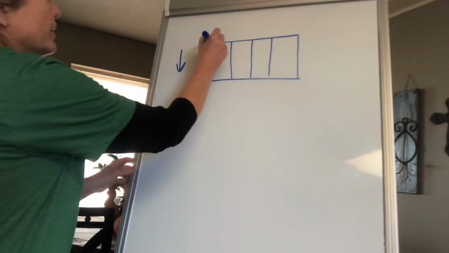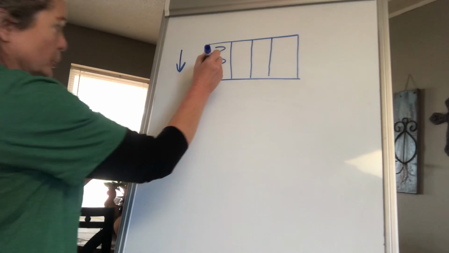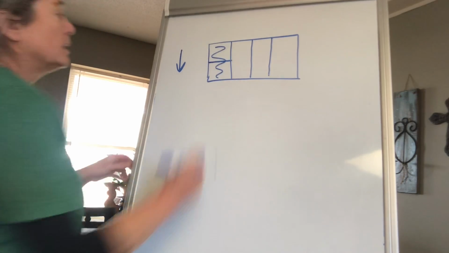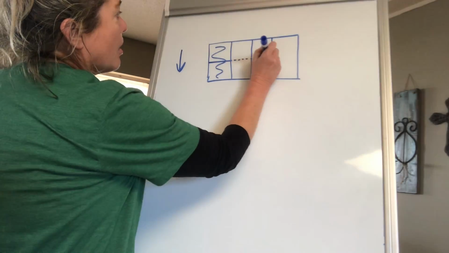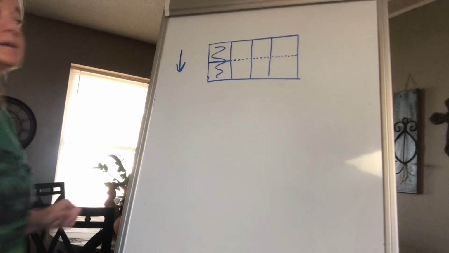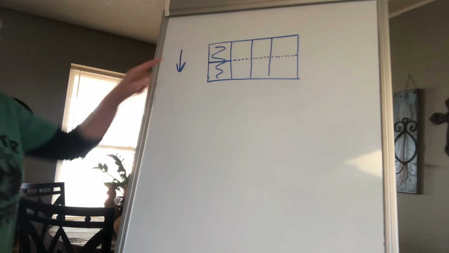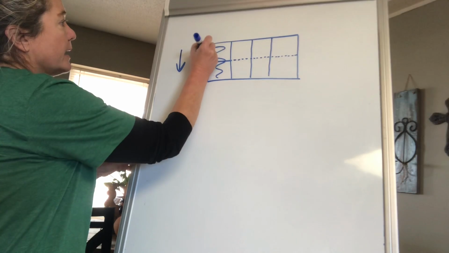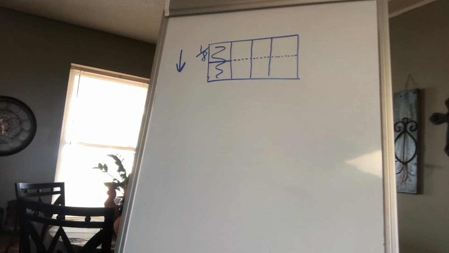So this is all they have to share right here. And then they have to share that between 2 people. So if they were all there, then each of them would get 1/8. Each of these little pieces would be 1/8.